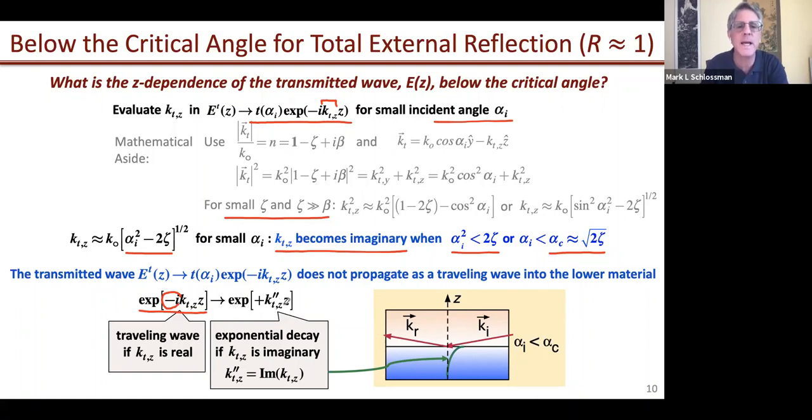We get e to the k double prime z. The double prime here indicates that's the imaginary part times z. Now you might say, well, this doesn't look like exponential decay, right? It's got a plus sign, but you have to remember that in the lower phase, z here is negative, so the argument for this exponential is negative. And that leads us to an exponential decay, which I've indicated by this green line here.